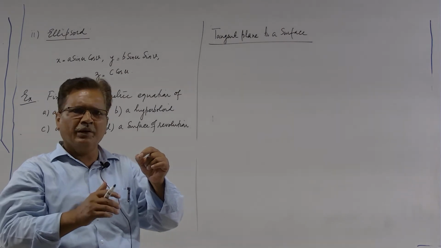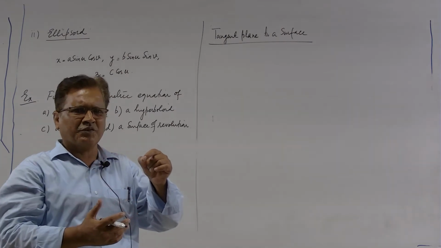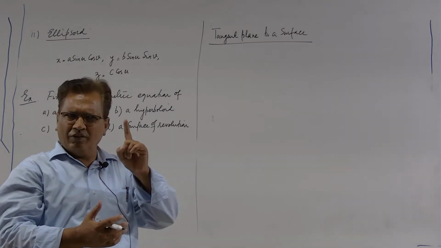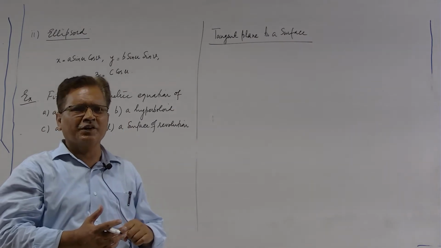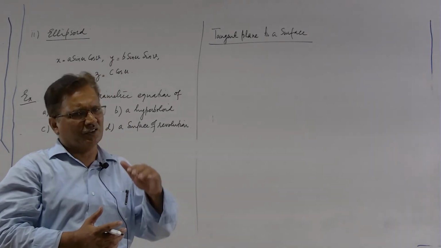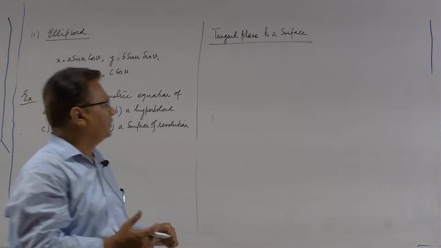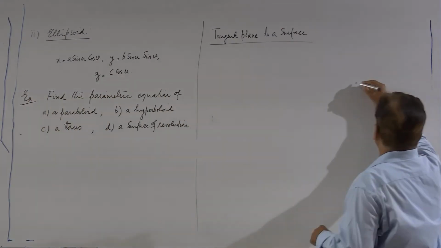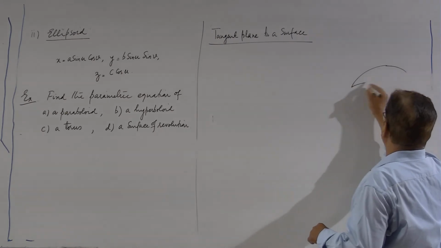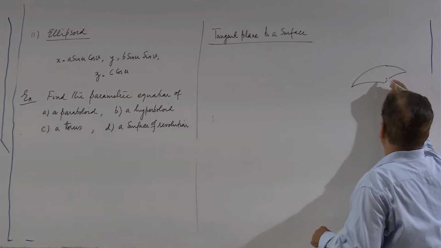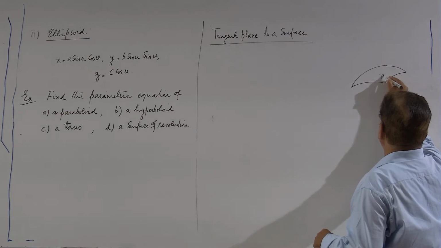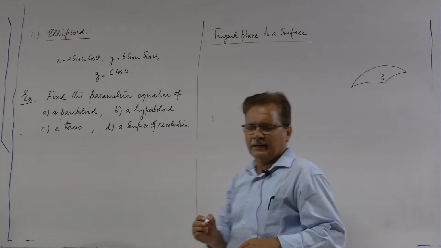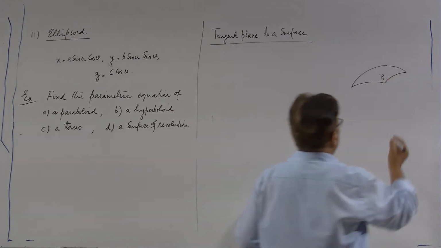There will be many planes passing through a fixed point, but there will be only one plane which is important to us, which has the highest order of contact. So, in fact, the idea behind it is, suppose I have a surface here, if I fix a point say P 0 over here, there will be many planes passing through it.